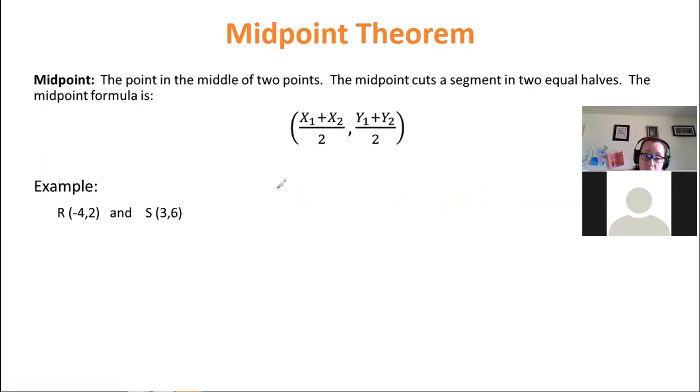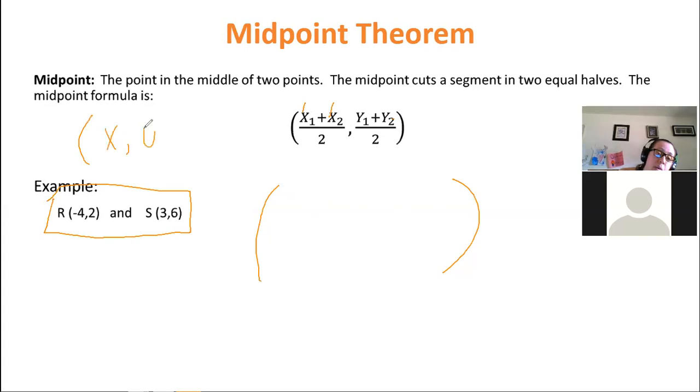So all we have to do for the midpoint is we're going to take our x's, add them together and divide by 2. Take our y's, add them together and divide by 2. So what are my x's in point R and S? What are my x's there? And I will remind you that every ordered pair is in the form (x, y).